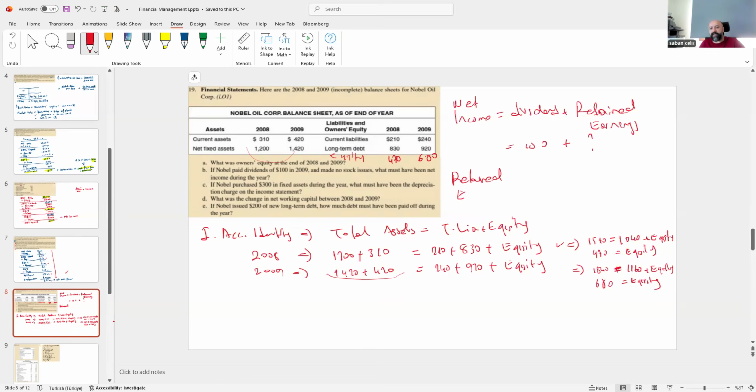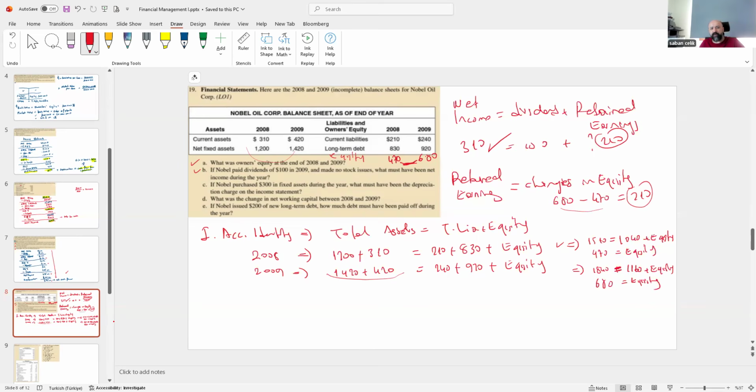So retained earnings can be found as follows. This is the change in equity. What do I mean? What is the difference between these two figures? It's going to be 680 minus 470, 210. So that means this is retained earnings here, 210, the net income, 310 then. So this is B.